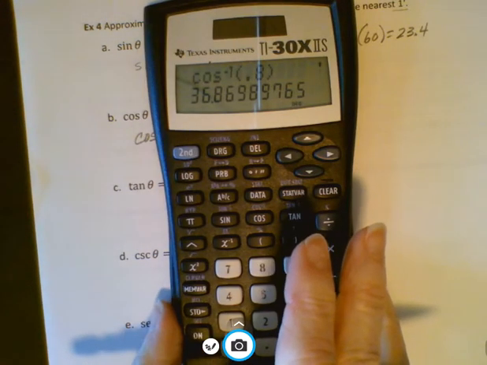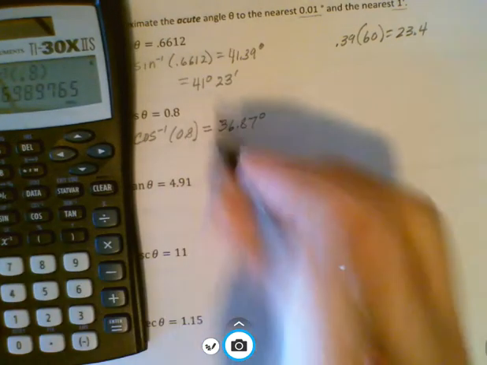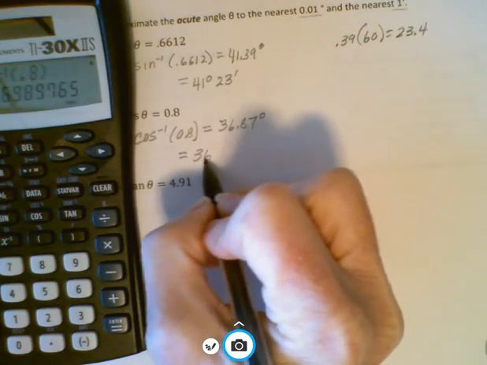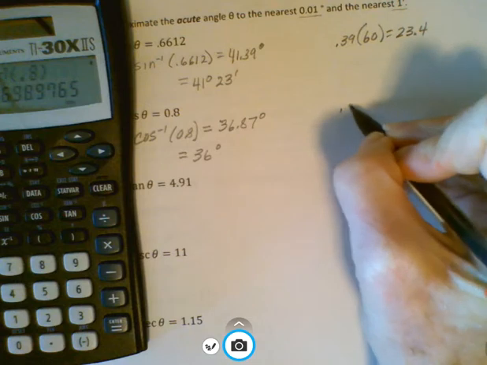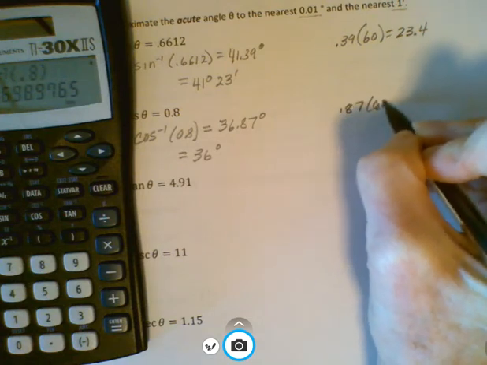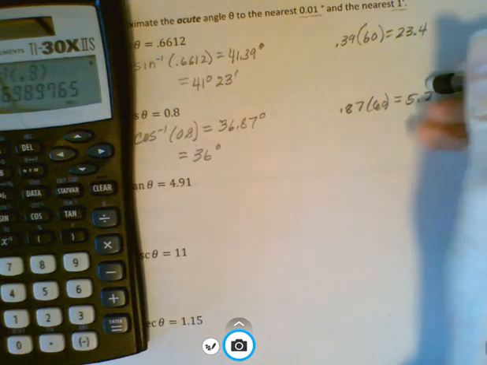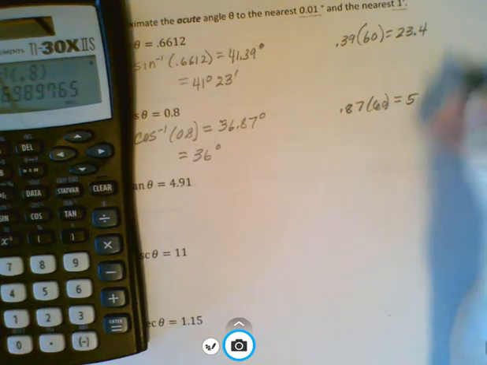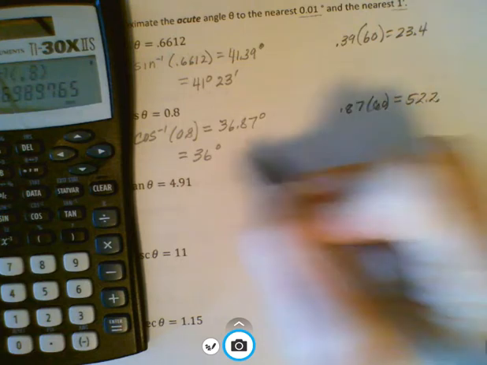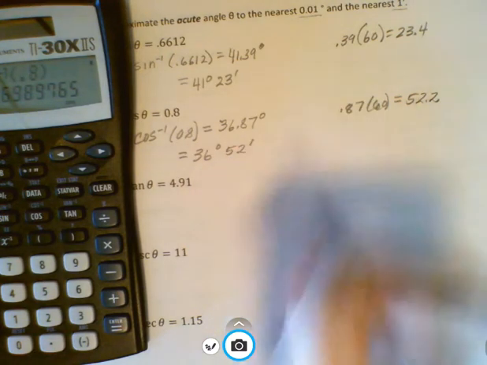Hopefully you got that. Now let's find out what that is in minutes. 36 degrees, 0.87 times 60 gives us 52.2. Again, that doesn't round up to 53, so we'll say 52 minutes.